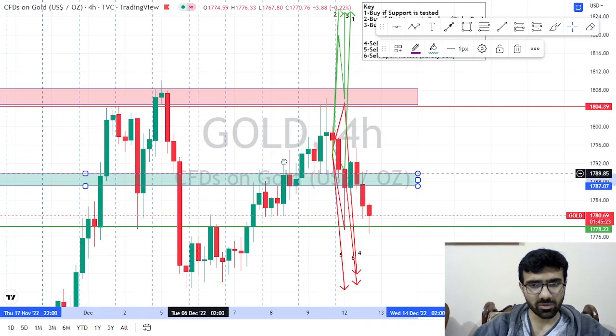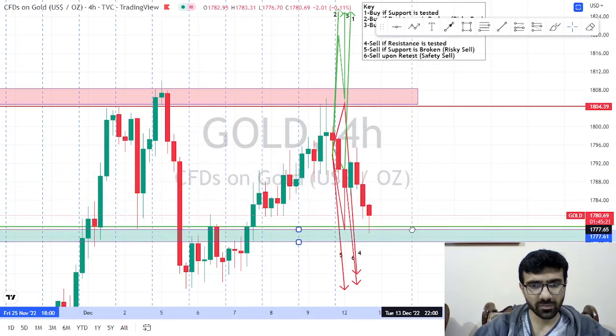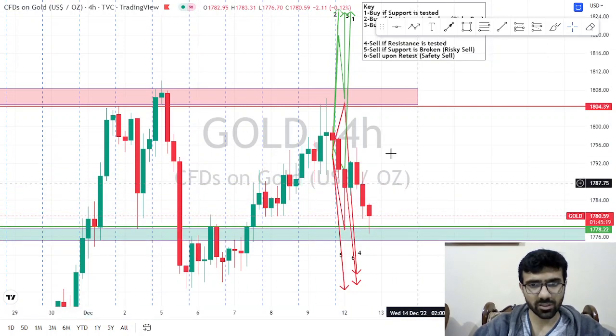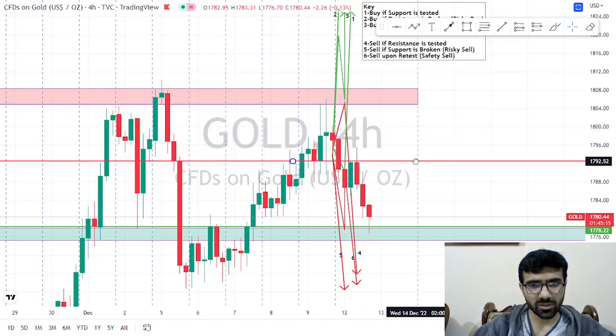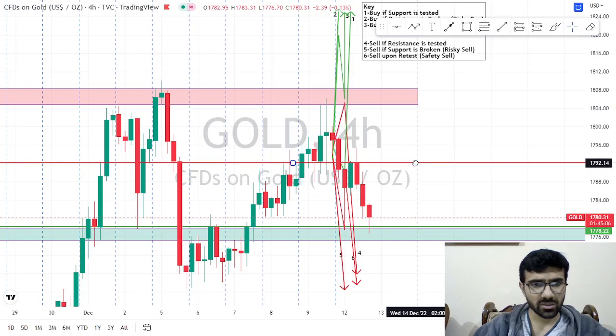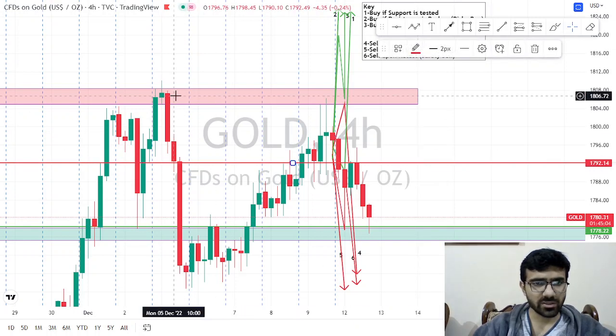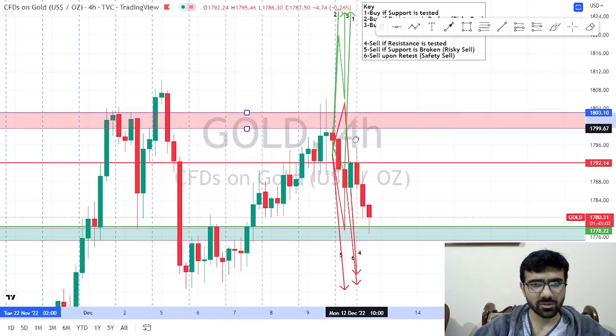And let me move this scenario over here. So this will be the total area, and the closest area of resistance will be approximately this area. Now let me move this whole scenario.